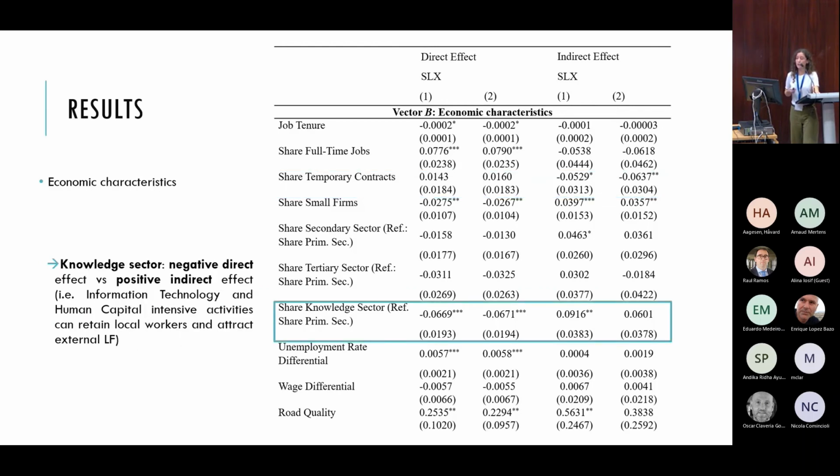With respect to the knowledge sector, we have the employment distribution by the economic activity of current employment, and we see how here we have a negative direct effect and a positive indirect effect, meaning that in the knowledge sector we have economic activities really much related to human capital intensive activities such as scientific occupations, and also jobs related to the information technology sector.